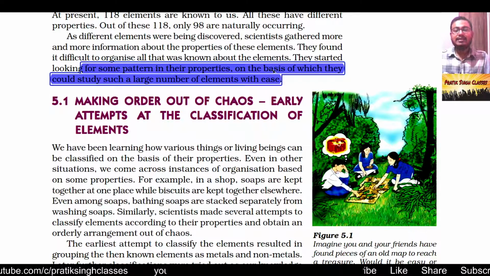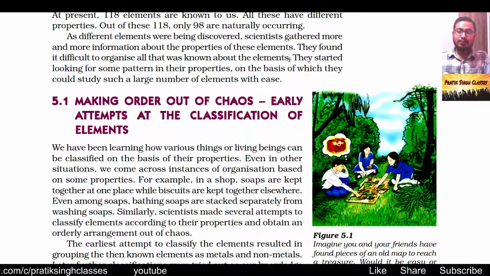They tried to find on what property the elements could be arranged in a sequence so that it becomes easier for everybody to memorize them, to study them, and to know their properties. When one element is there and we know its property, then about the next or previous element we can figure out that they may have similar properties.